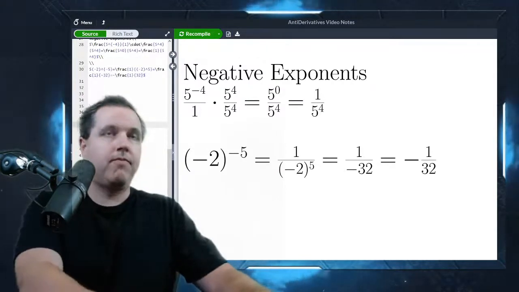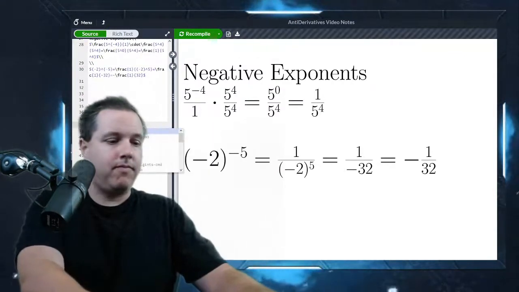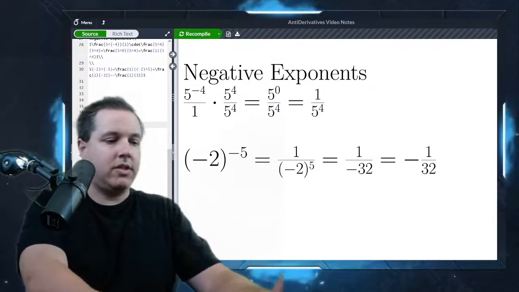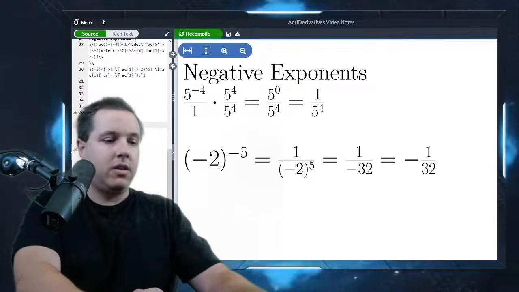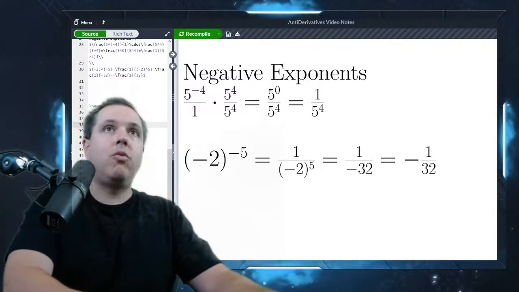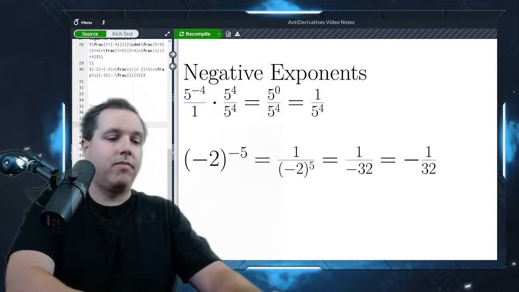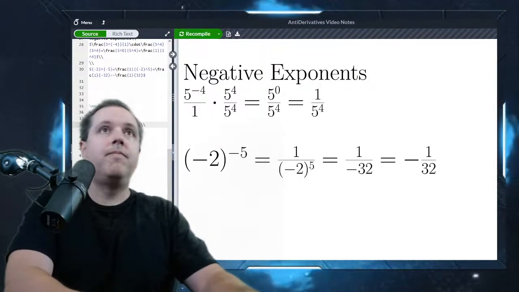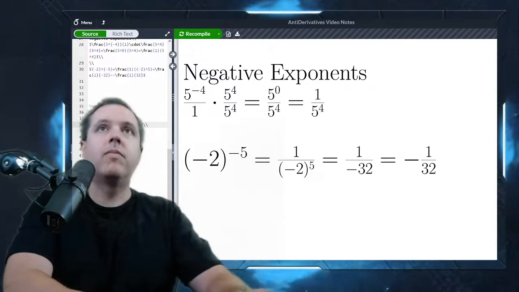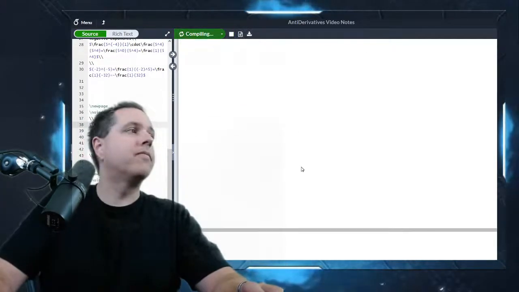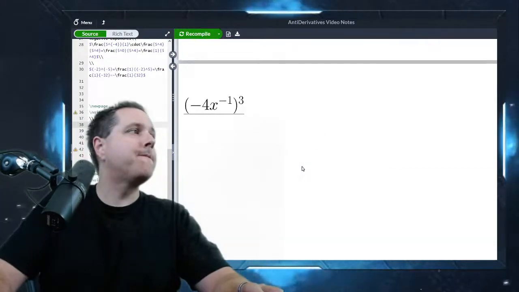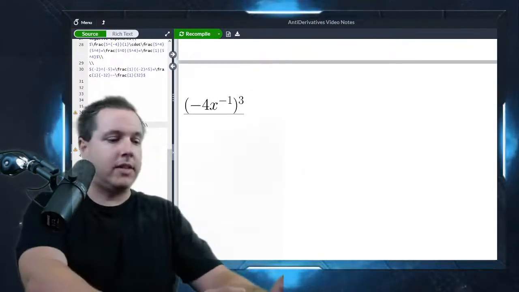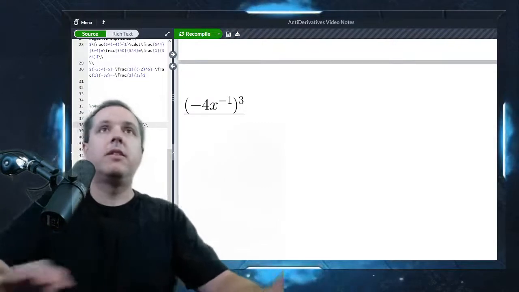So, was it negative 4c to the negative 1 cubed? I said C and then I hit the X there.